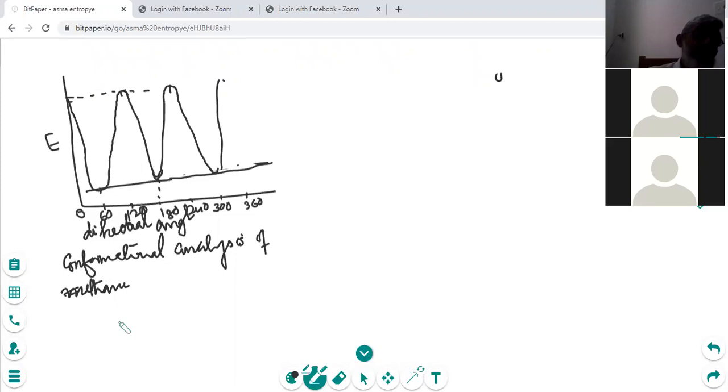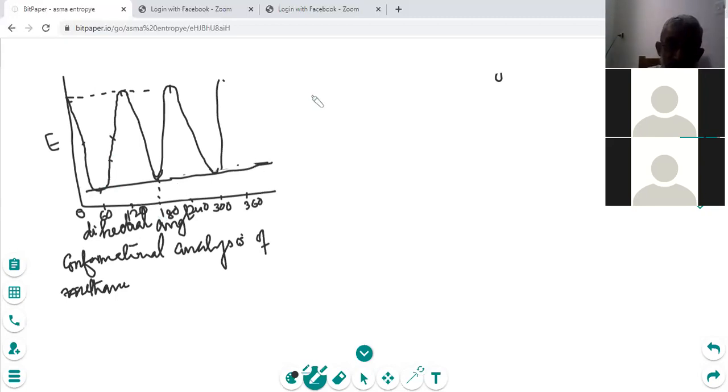Now remember, the number of conformations possible for ethane is infinite. This is a conformation, here is another conformation, here is another conformation. But out of these, you have maxima for the fully eclipsed conformation, and minima for the totally staggered conformation. That is the meaning of this.